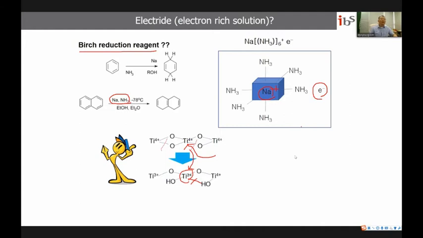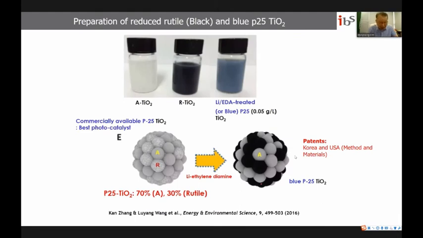I already know how to make this Birch reduction: the boiling point of ammonia is -33 Celsius degrees, which means that even at -30 Celsius degrees we can break down this bond. So I was looking for a very strong reducing agent working with room temperature processing.